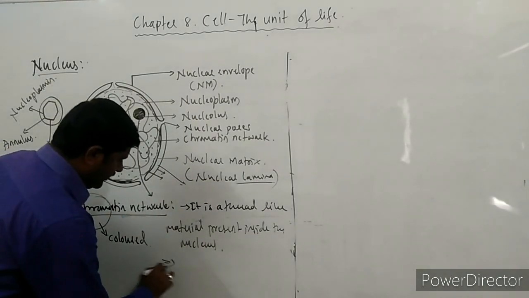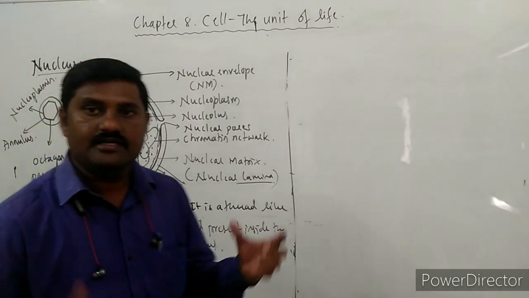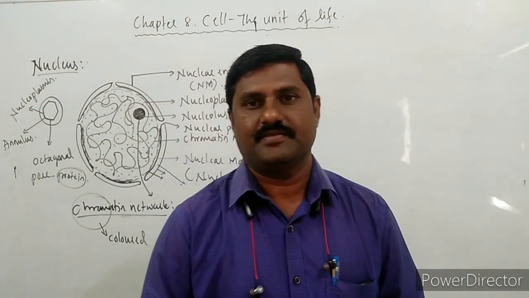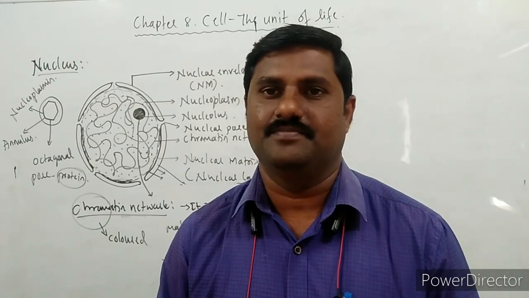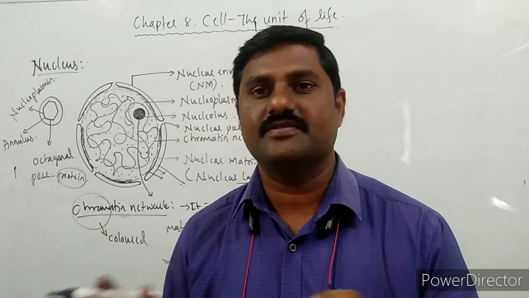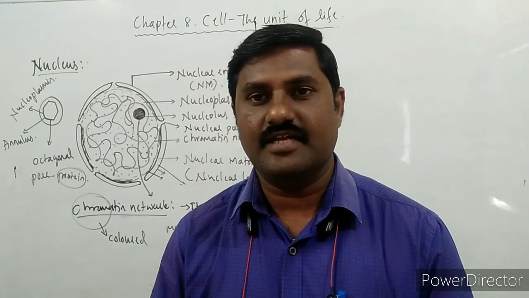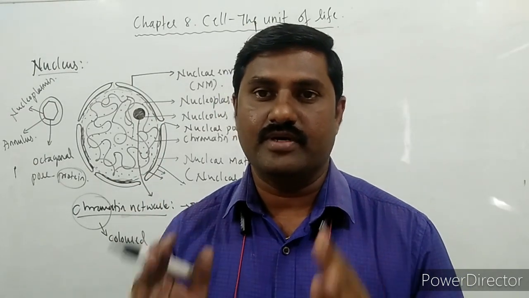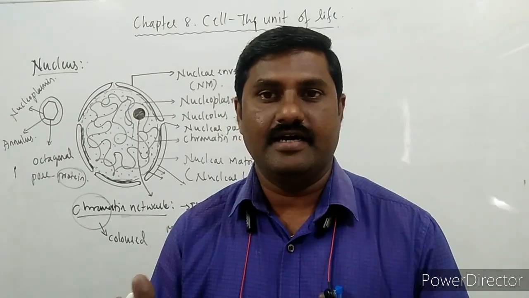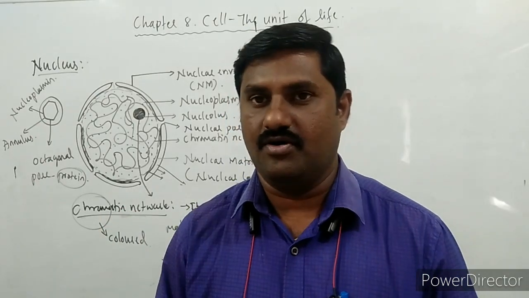This chromatin network starts to condense during cell division. Whenever the nuclear division starts, first of all nuclear division occurs, and later the cell division occurs.